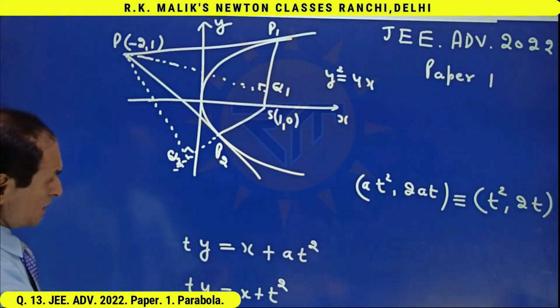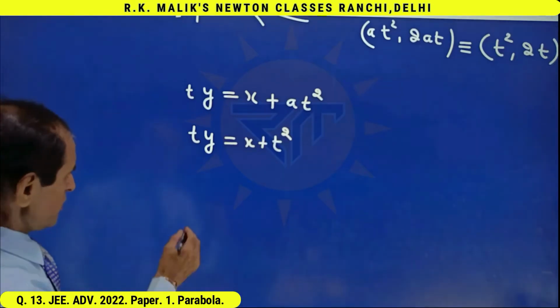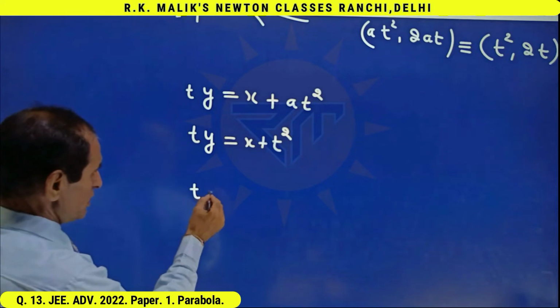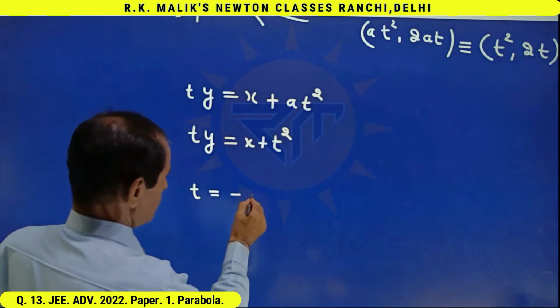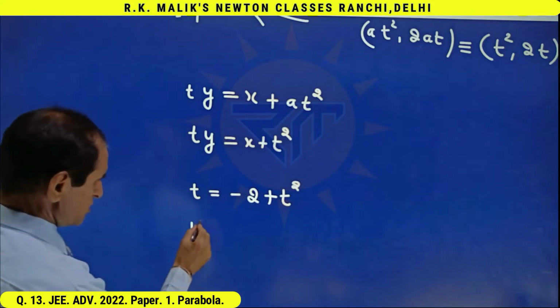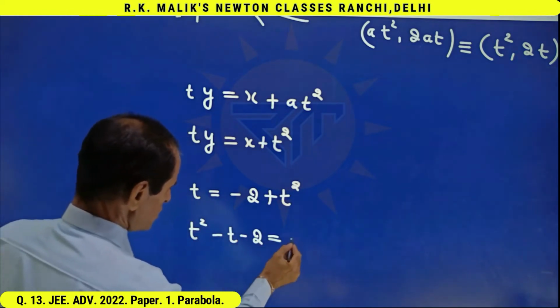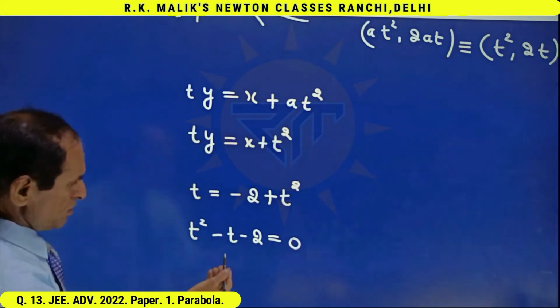Let us make this tangent pass through the point (minus 2, 1), that is t equal to minus 2 plus t square, that is t square minus t minus 2 equal to 0.